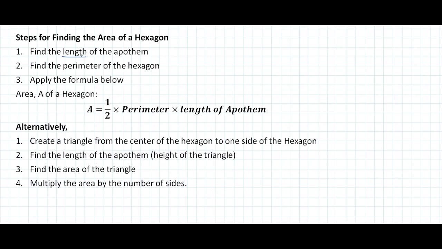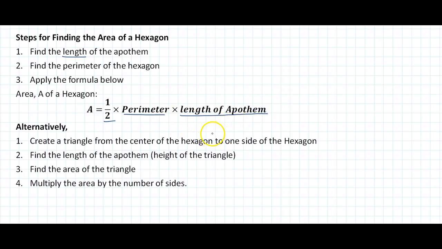The area is 1/2 multiplied by the perimeter of the polygon, in this case a hexagon, multiplied by the length of the apothem.